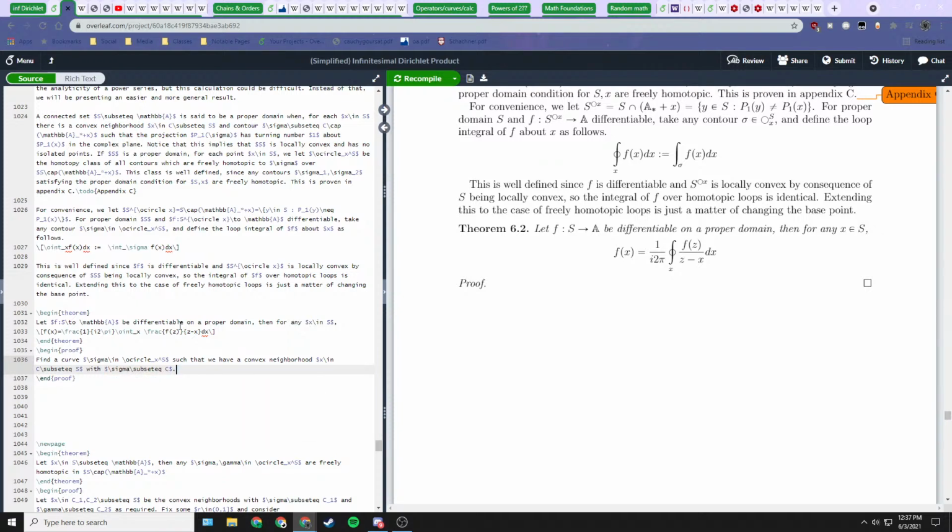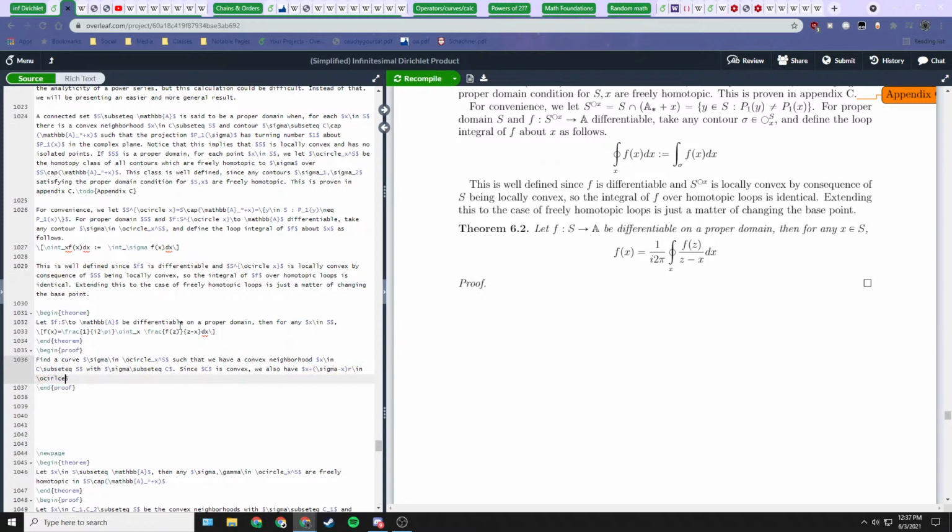Then we want to say, since C is convex, we also have x plus sigma minus x times r in this homotopy class for any r in 0, 1.